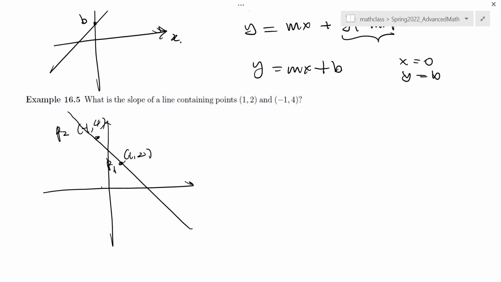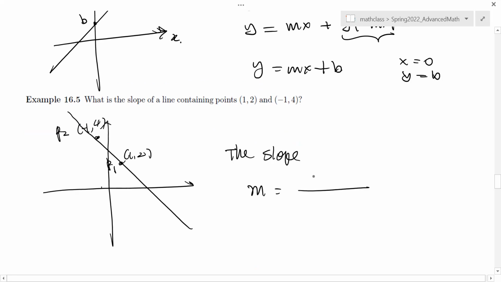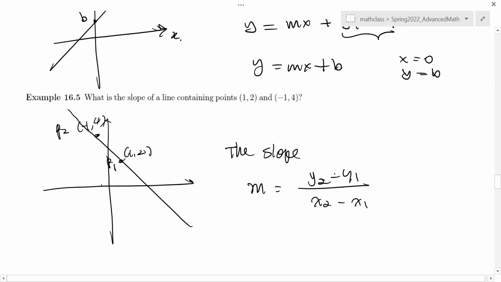Now, how do you find the slope? Be careful, the order is very important, right? The slope m is going to be, write down the formula, y2 minus y1, the difference of y coordinates, over x2 minus x1, the difference of x coordinates. So y2 minus y1: y2 is 4, y1 is 2. And x2, which is -1, be careful which one is x2.